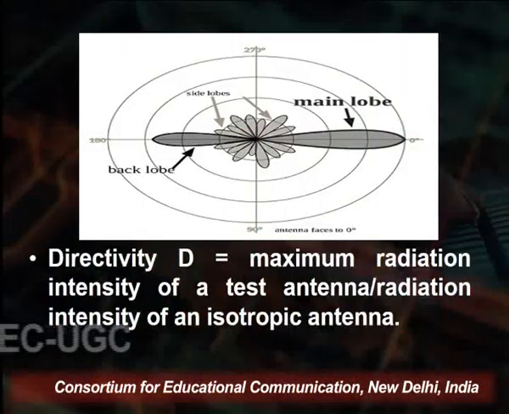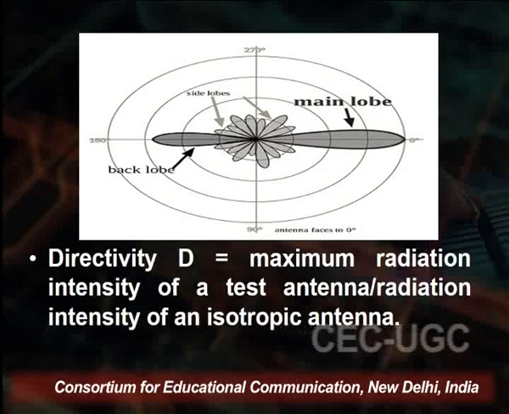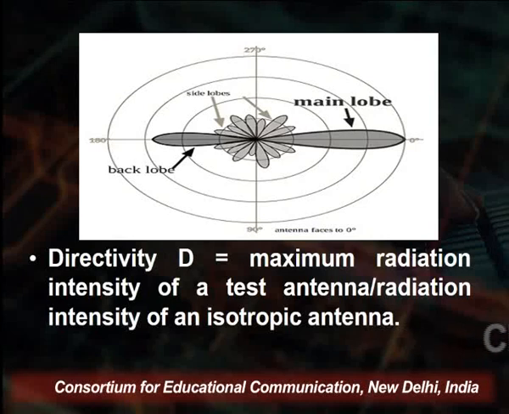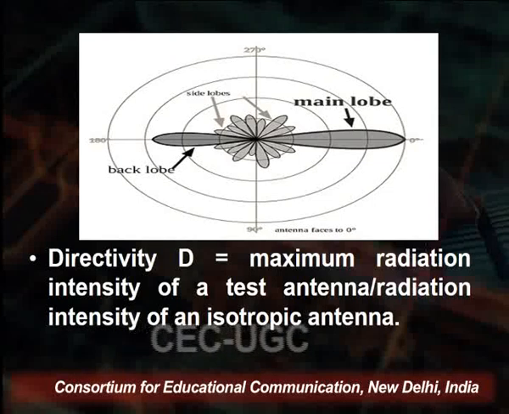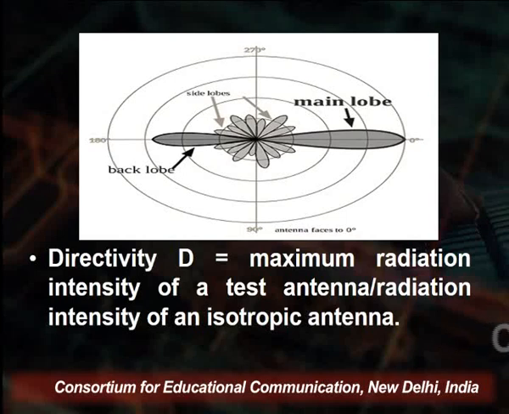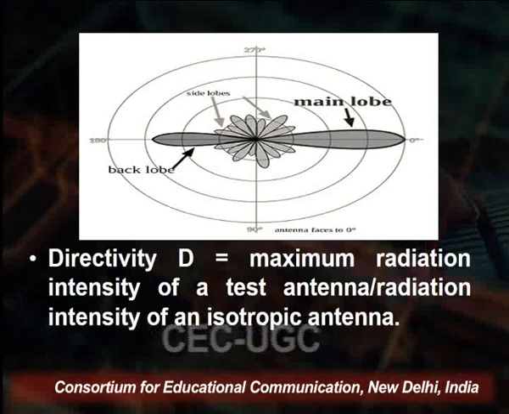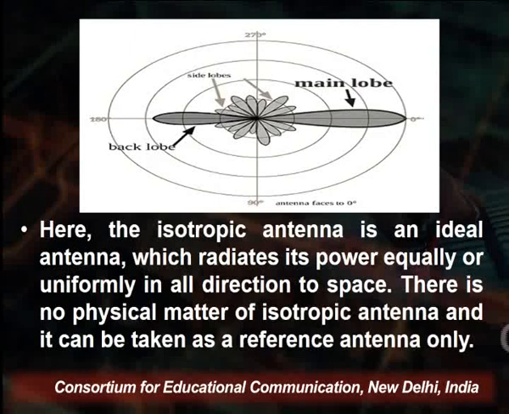So, directivity D is defined by the maximum radiation intensity of the test antenna divided by the radiation intensity of an isotropic antenna. You see on the screen the antenna type where we define the directivity. Now, the isotropic antenna is an ideal antenna which radiates its power equally or uniformly in all directions in space.